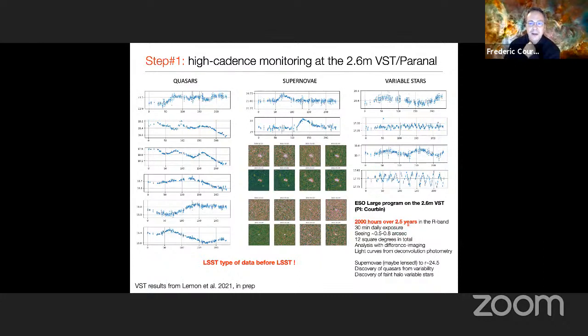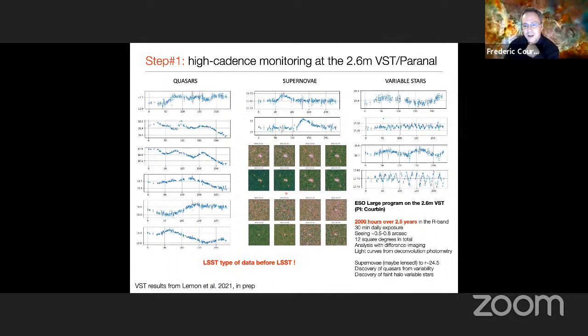And this gives a lot of byproducts. Now, each day we have 30 minutes of exposure per field, down to great seeing, and for 12 square degrees. So that's in fact like getting LSST type of data, several years before LSST. Of course, it's a one-time experiment. We don't do the full sky, but it gives an idea of what will be in the LSST data.